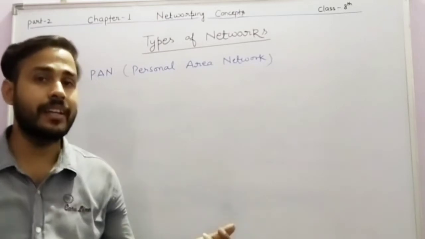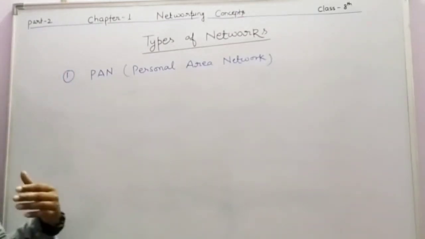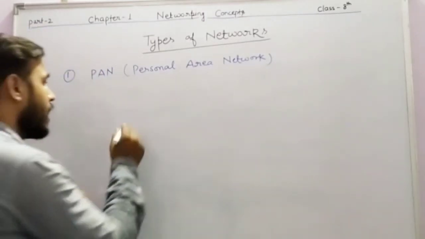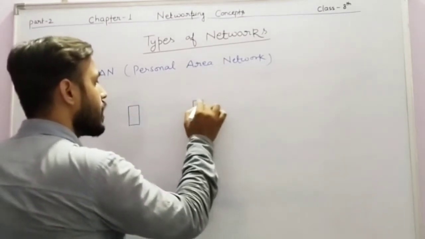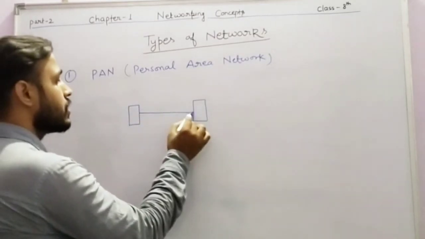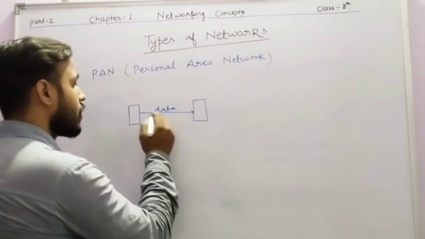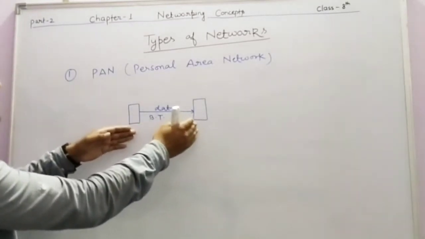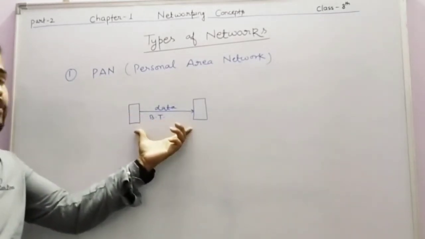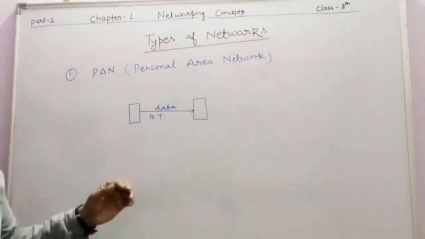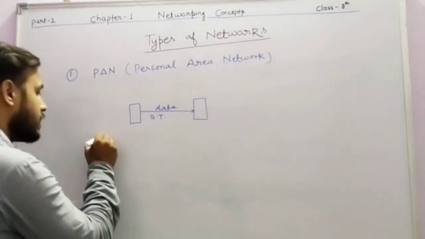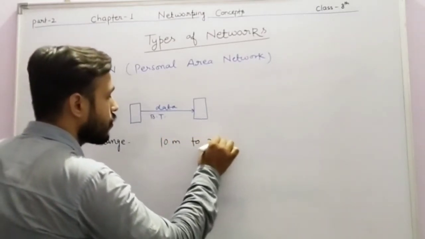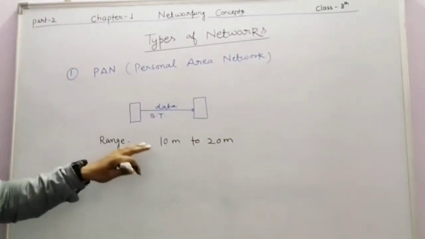If we are using mobile, then we can say ShareIt. So if we are sending or receiving data via Bluetooth or ShareIt, like this is a mobile and this is another mobile, and this mobile sends the data to this mobile via Bluetooth, we can say this network is a personal area network, because it is created for an individual. And the range of a personal area network is 10 meter to 20 meter.